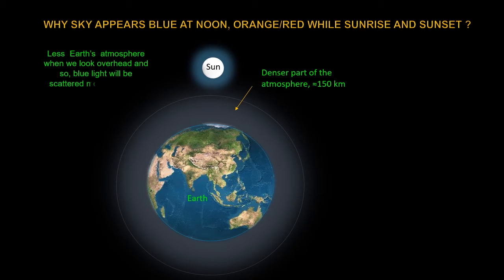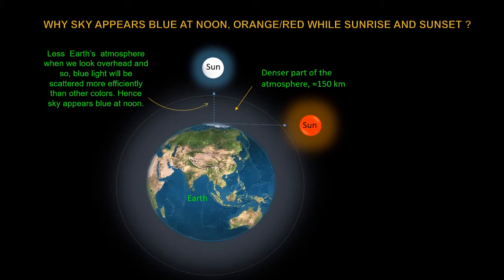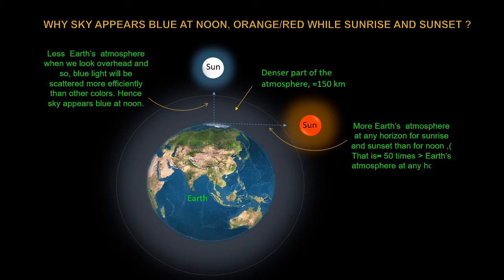Hence, the sky appears blue at noon. There is more of Earth's atmosphere at any horizon for sunrise and sunset than for noon. That is about 50 times greater Earth's atmosphere at any horizon than the atmosphere when we look overhead. We shall continue the discussion in the next slide.